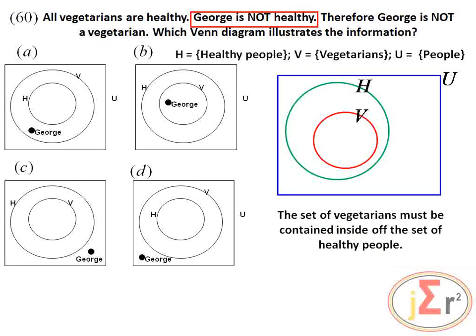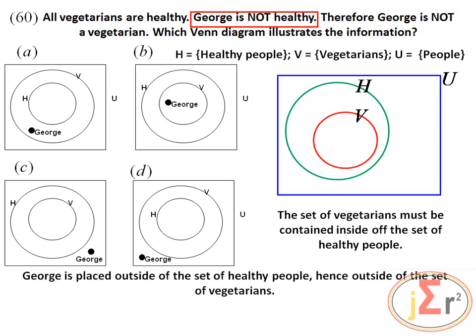George is not healthy. Therefore, George will be placed outside of the set of healthy people, and hence outside of the set of vegetarians. George will be placed outside here.